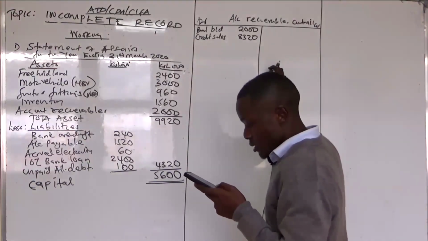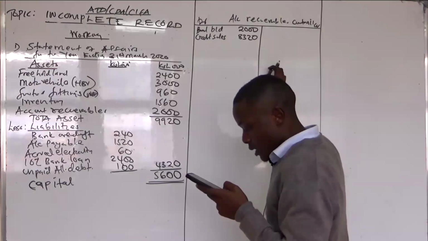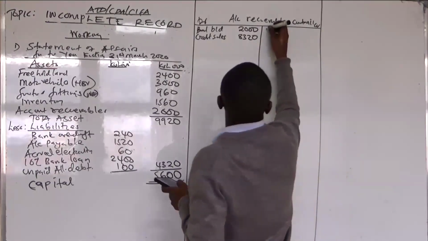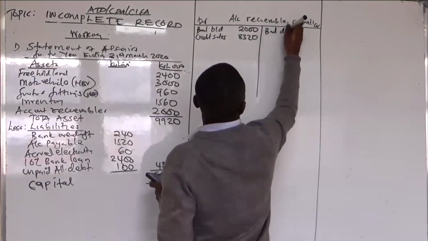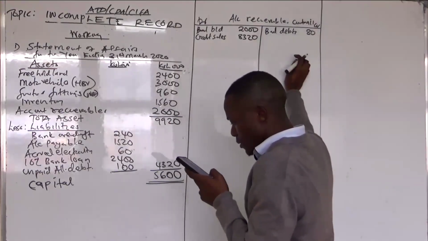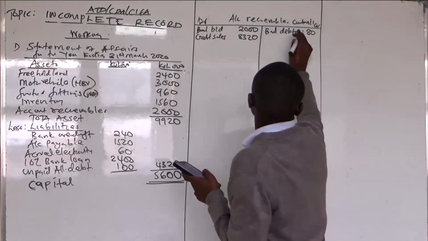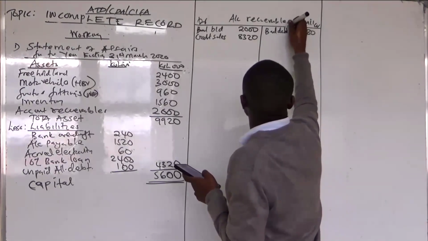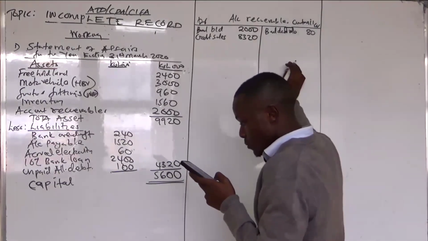Let us go back and look. There is note number 5, where there is bad debt, which is 80. Bad debt written off. Your work is to have that format with you.